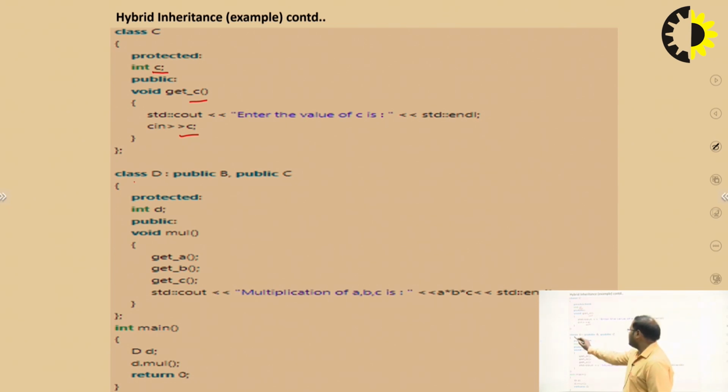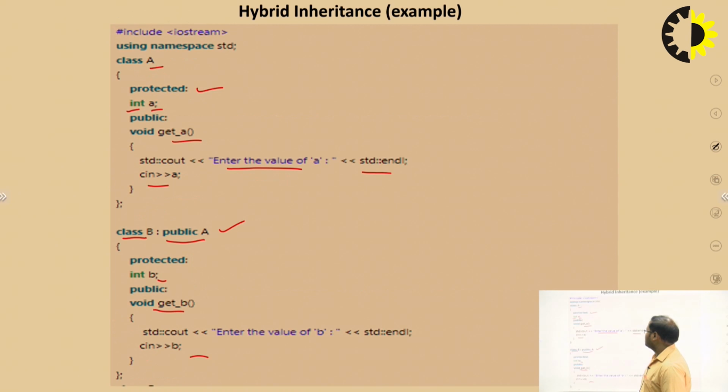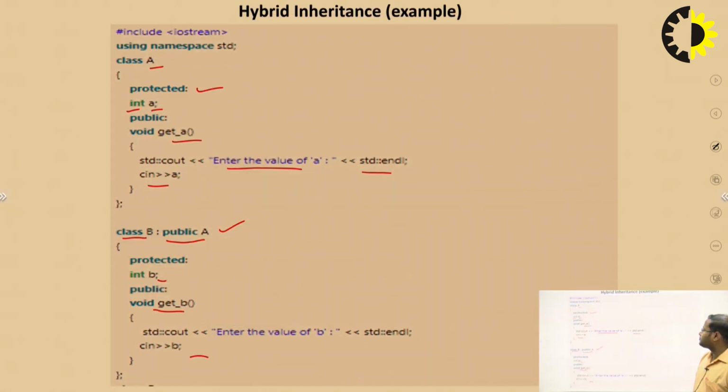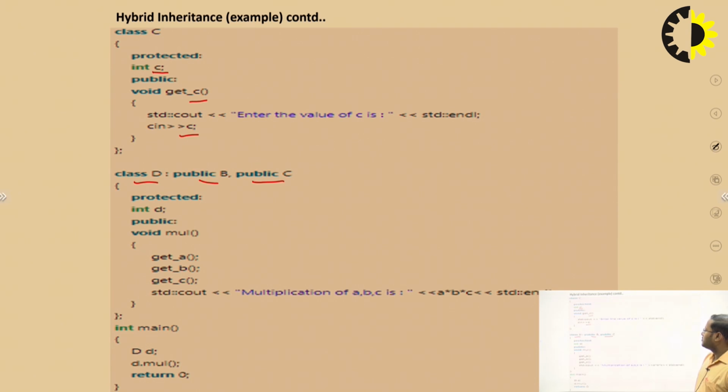Now class D inherits the properties of both classes B and C. So it is the grandpa, these are two parents and these are the children of A. So D has the properties of both B and C, and B and C have the properties of A. So class D inherits class B publicly and class C publicly.